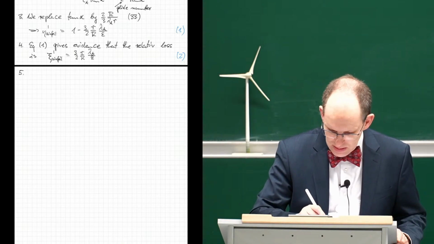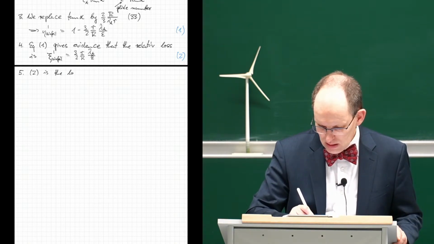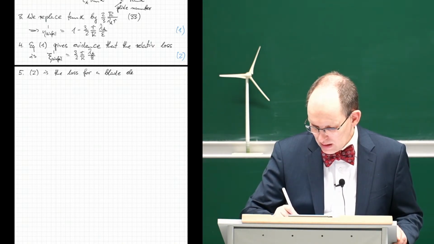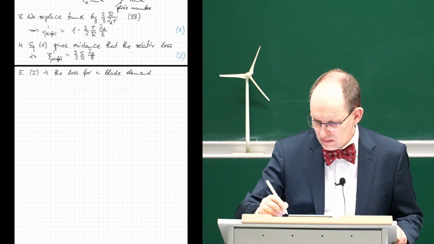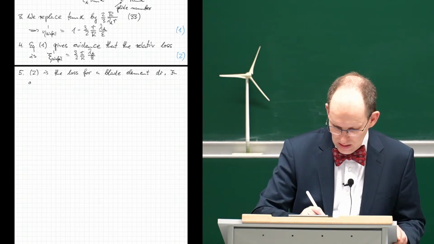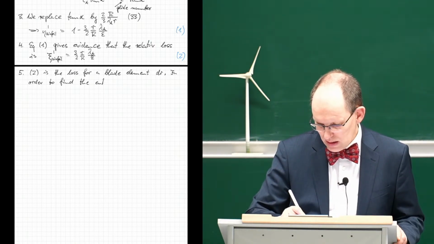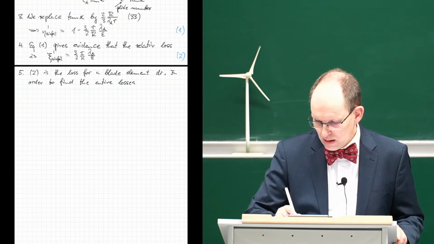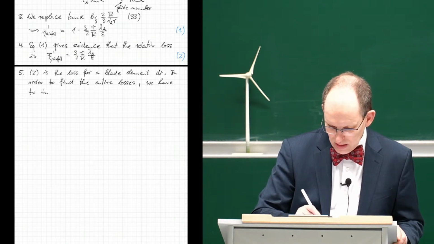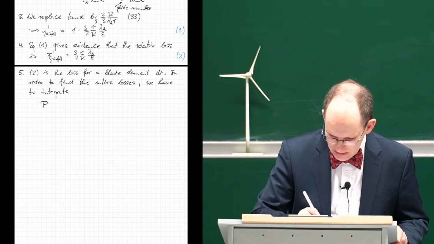So equation 2 is the loss for a blade element, dr, and in order to find the entire losses, we have to integrate.